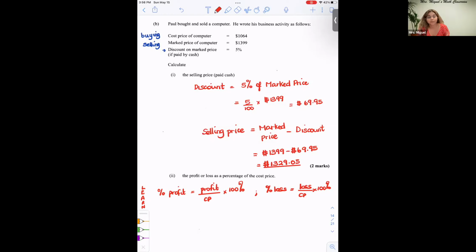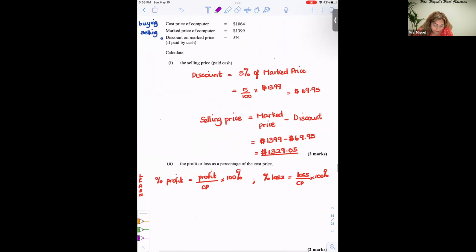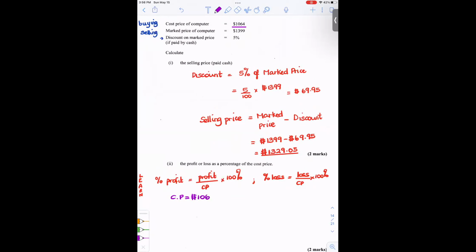So if you bought a computer for 1,000 and something and you sold it for this price, did you make a profit or a loss? You sold it for 13 something, you bought it for 1,000 and something. Did you make a profit or a loss? Profit, miss. Thank you, Christian. You make a profit because the selling price is higher than the cost price.